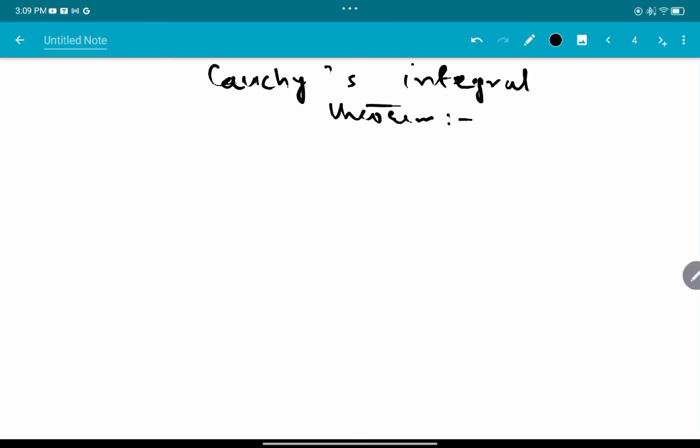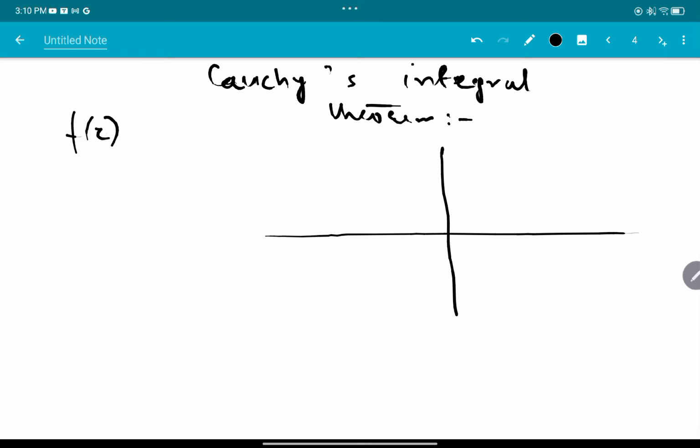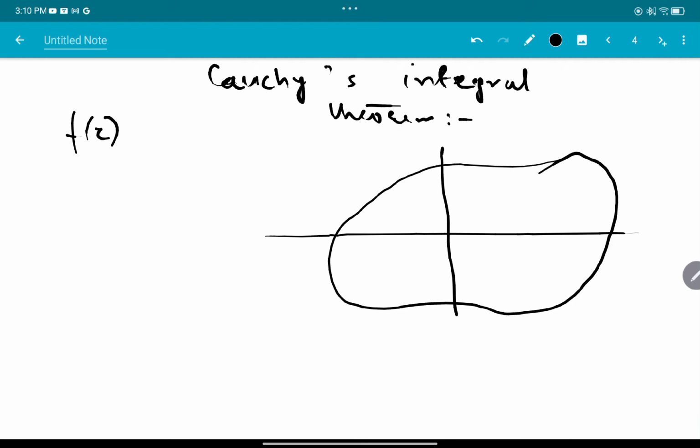Suppose you have a certain region. This is the complex plane. In this complex plane, suppose a complex function f(z) is defined in a certain region, and the region is simply connected.